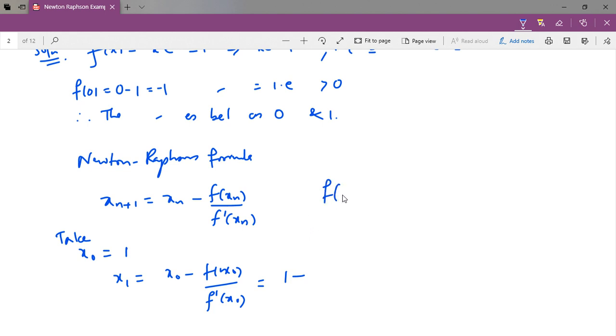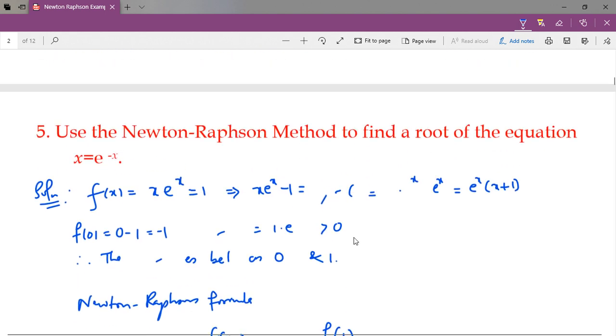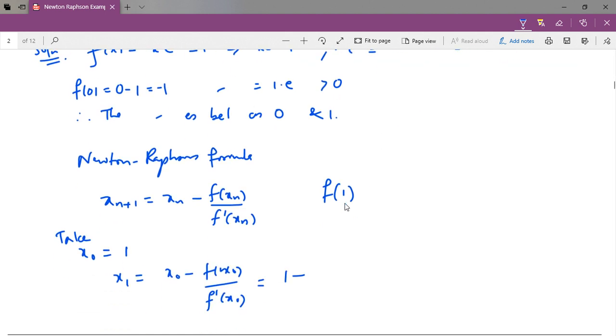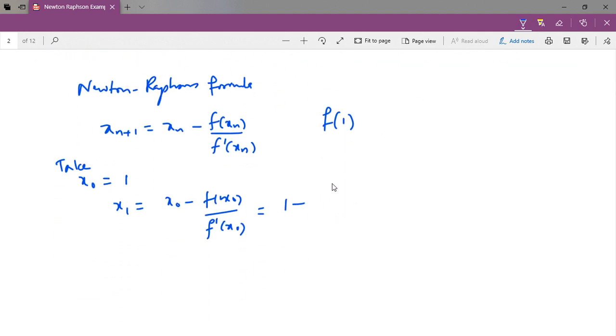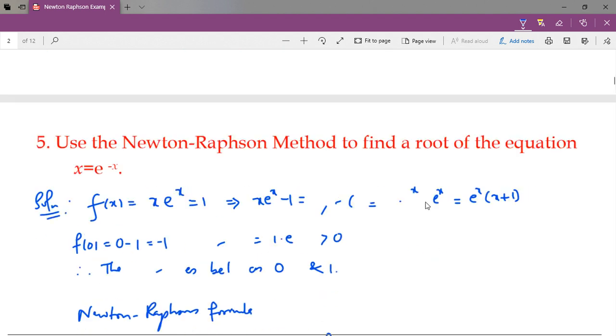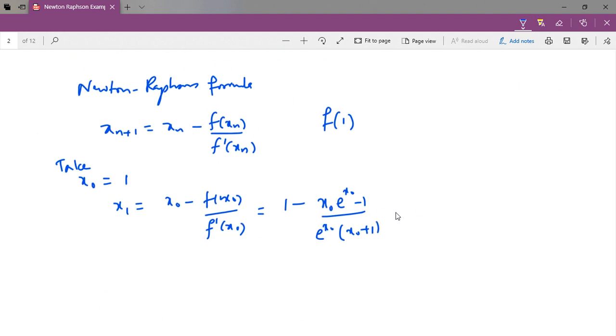Let us see this f of x n first: x naught into e power x naught minus 1 divided by e power x naught into x naught plus 1, that is f dash of x naught.